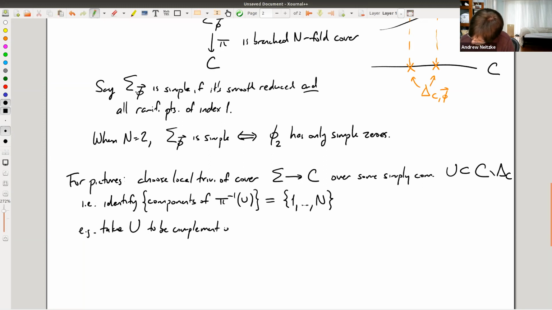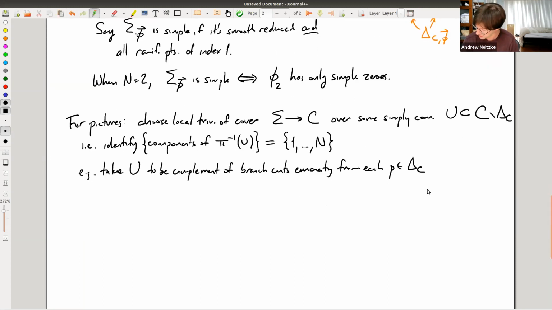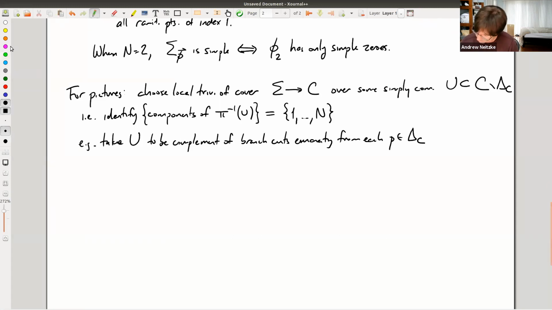So let me draw a picture of what that's like. A typical example of what some patch of this might look like is, say, you have 3 of these branch points, and then from each one, you draw a cut.